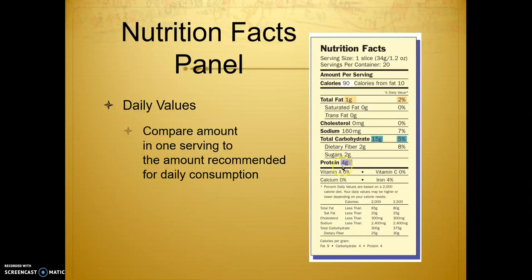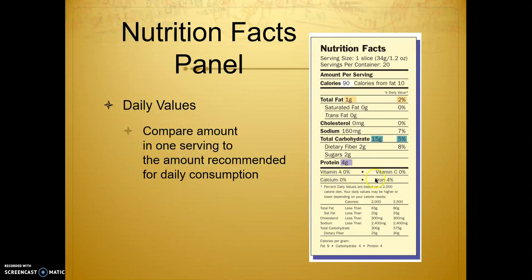Protein. Protein is one that changes by age range and is also very expensive to determine. So the FDA decided that manufacturers didn't have to record a percent DV for protein. Just listing the amount of protein in grams will be sufficient. Vitamin A and vitamin C are required to be on your label.